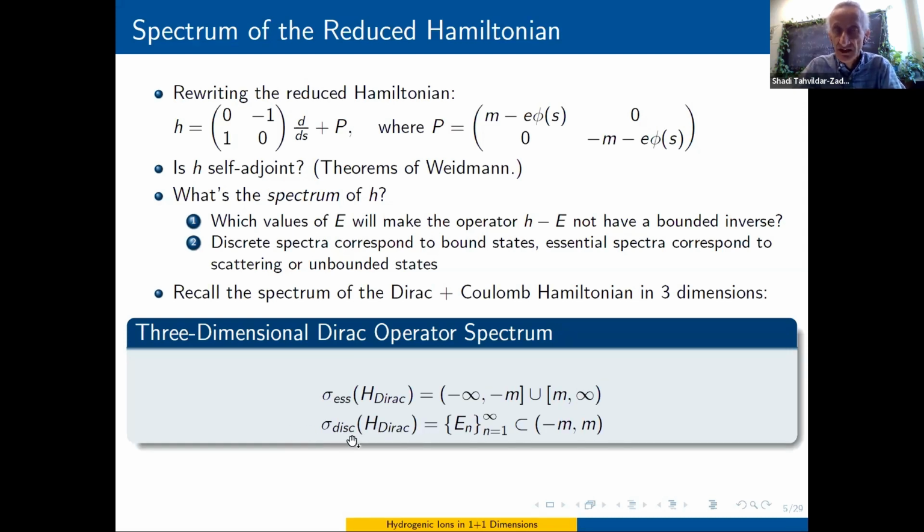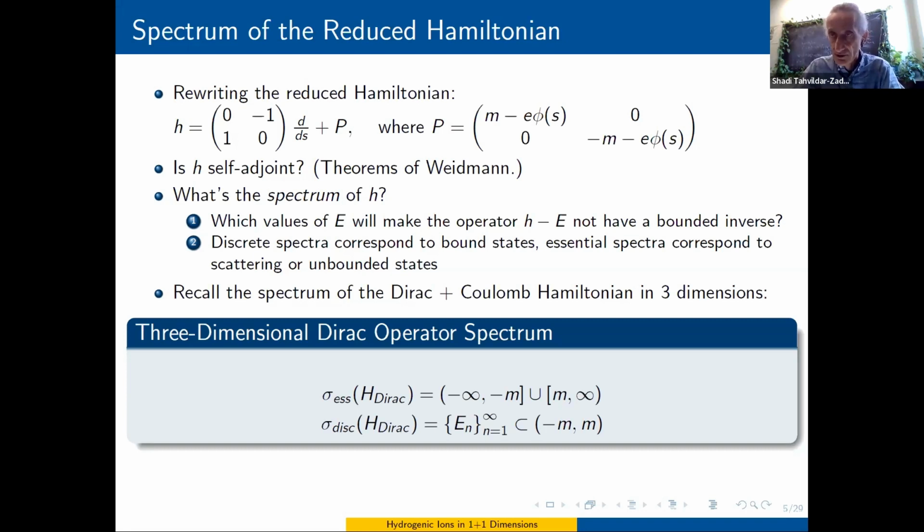And then there is a discrete part of the spectrum, namely the eigenvalues, which I showed you before. This is going to be a countable set, and it lies in that gap between -m and m. It's an increasing sequence, and it approaches this upper threshold m, actually. So that's the situation in 3D.